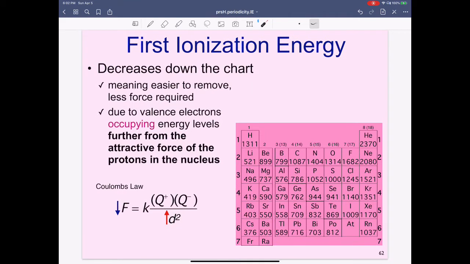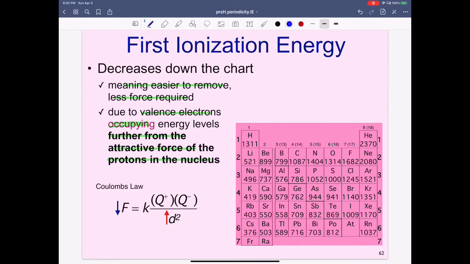Let's take a little bit closer look. The decrease down the chart, it's easier to remove, or less force is required. We need to be able to justify that on an AP exam, and so we want to say because the valence electrons are occupying, that's important, energy levels that are further from the attractive force caused by the protons in the nucleus.